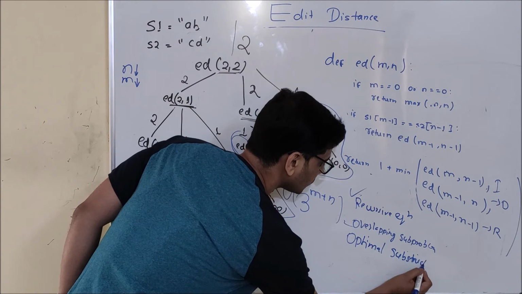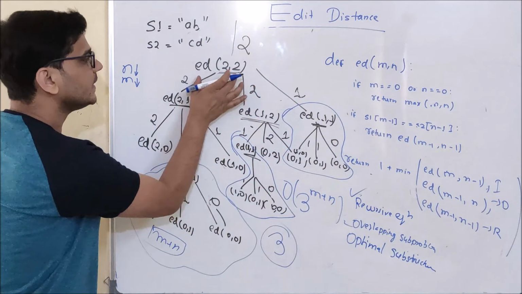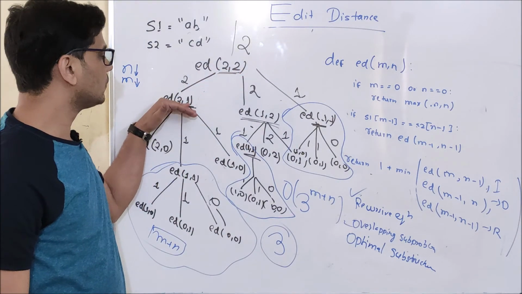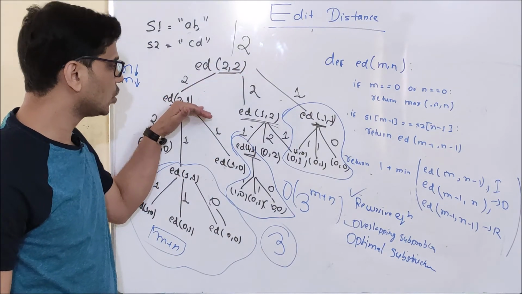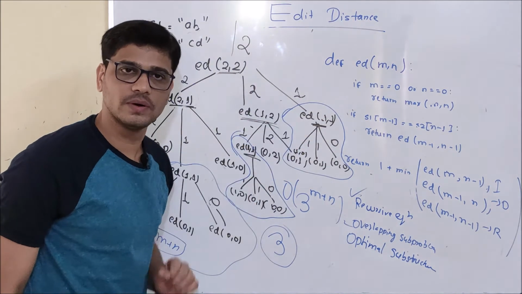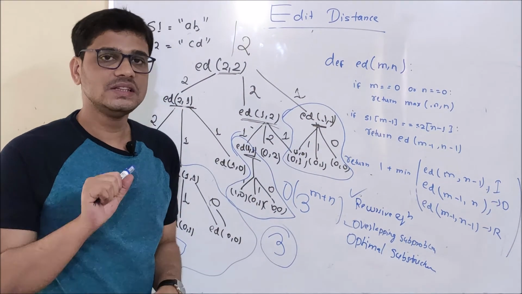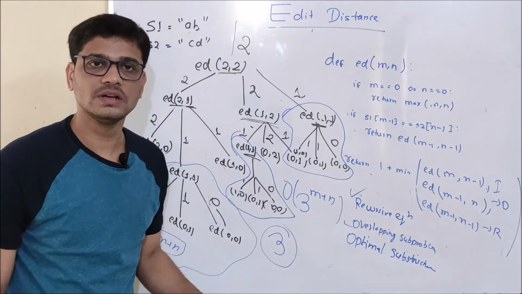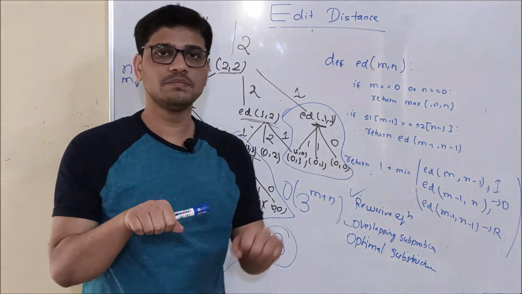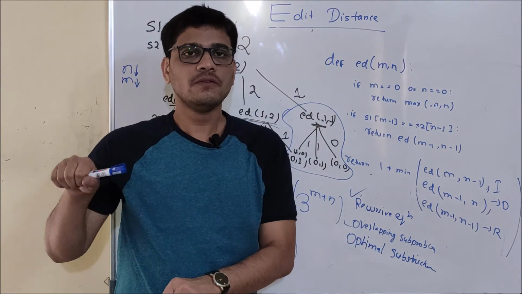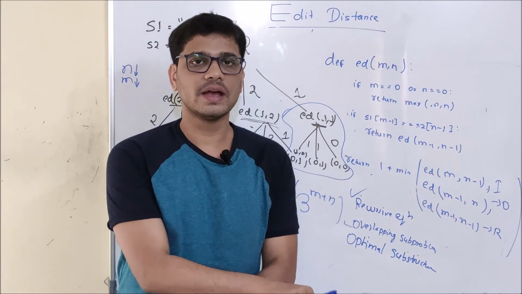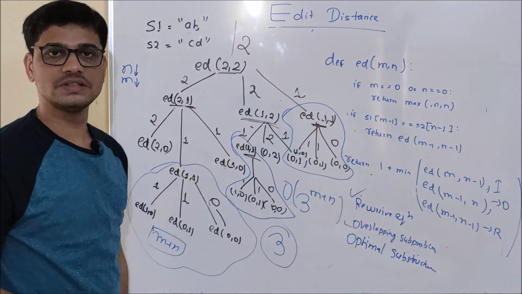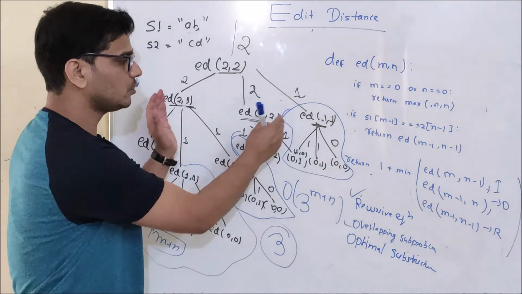Substructure. See, what is ed of 2, 2 doing? ed of 2, 2 is making function calls to ed of 2, 1, 1, 2 and 1, 1. So basically, these are smaller subproblems of ed of 2, 2. So ed of 2, 2 is breaking itself into a few smaller subproblems, and finally, with the help of the answers of these 3 subproblems, it will come to its own answer.